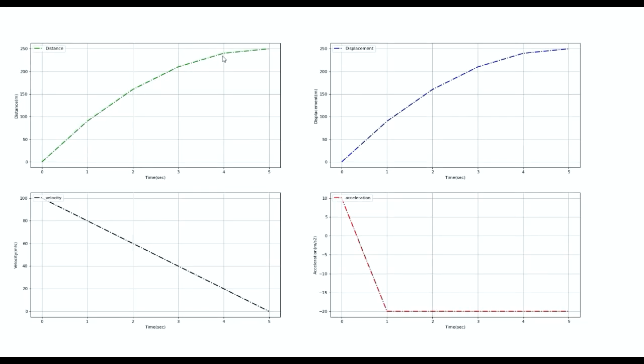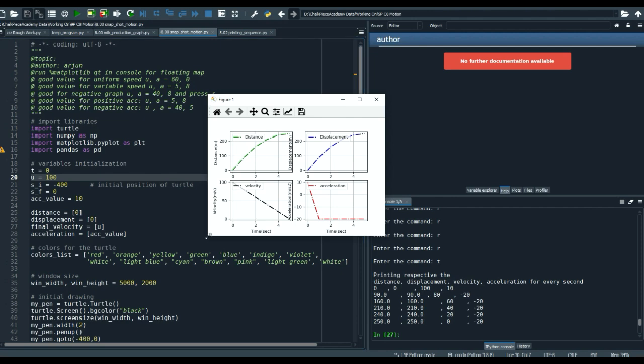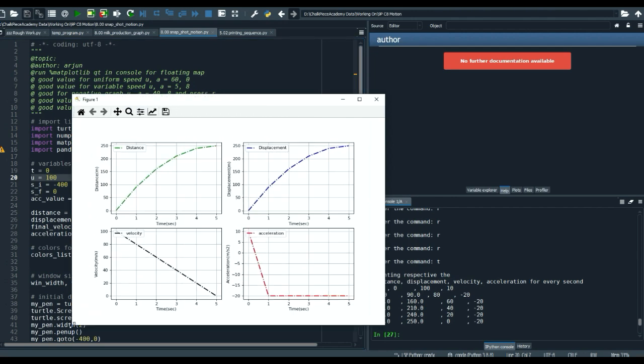See, the distance is coming to a halt. The distance and displacement, they're becoming parallel to the x-axis, means it is reducing. Velocity is also almost, it became 0 over here. And we can see the acceleration graph from 1 to 5, it is linear and it is negative. Right? So this is what you need to understand. This is a case wherein you are deaccelerating.